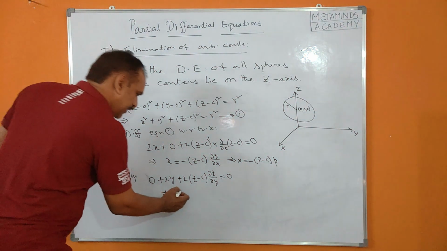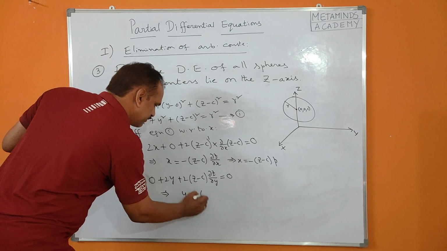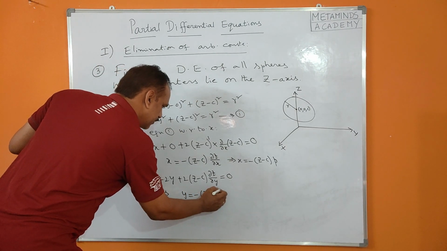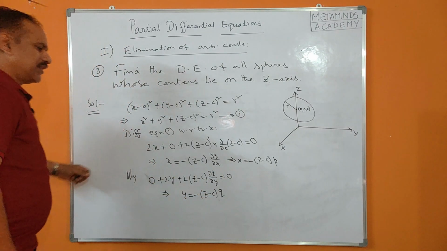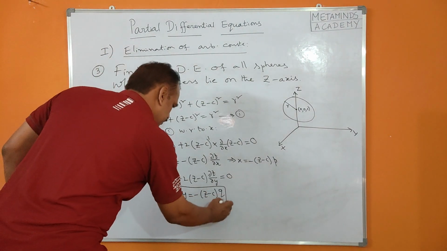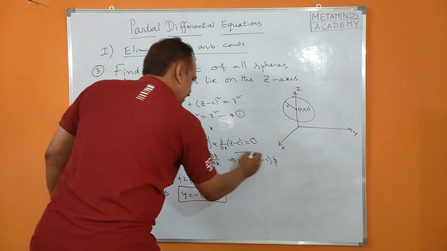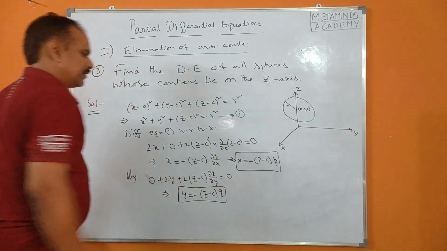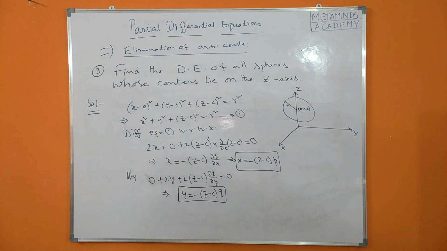So you will get y equal to minus of (z minus c) into q, where dou z by dou y is q. From these two, we can eliminate c, because r is already eliminated.